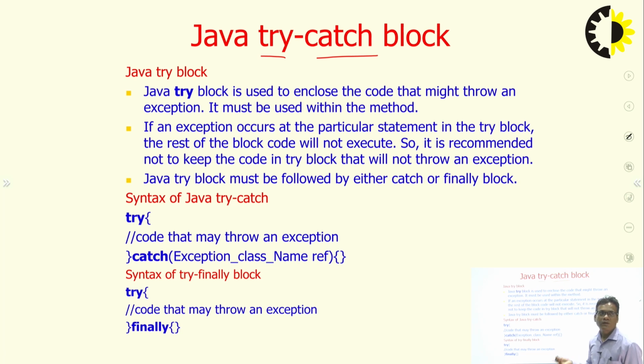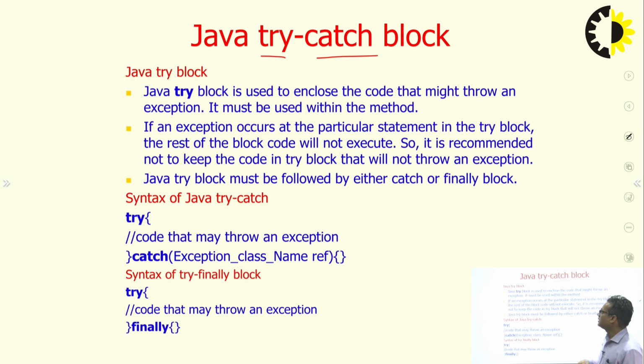The try block will take the code of your program in which there may be a chance of some error or exception, and the catch block will handle the exception that is thrown. It is caught through this catch keyword.